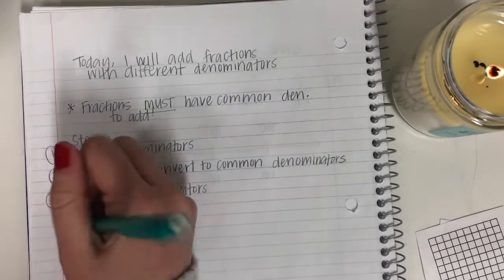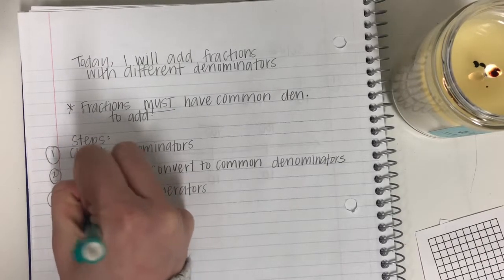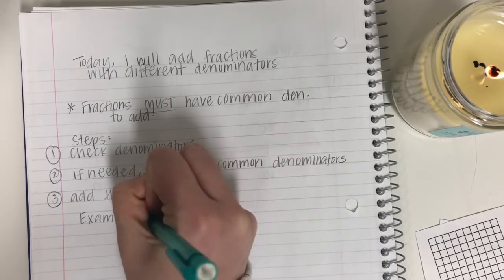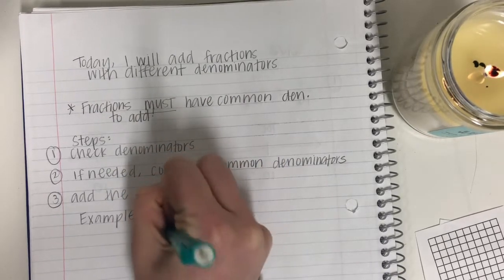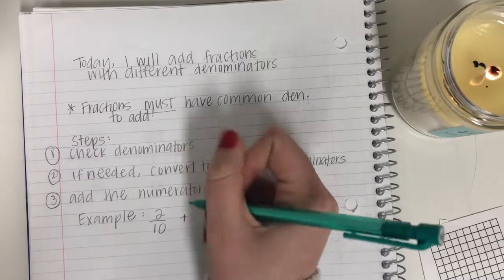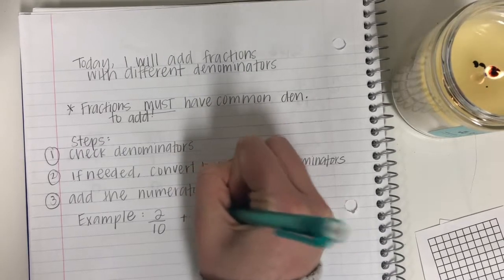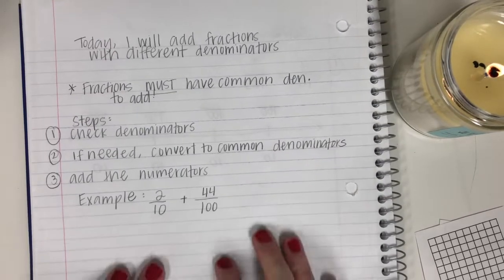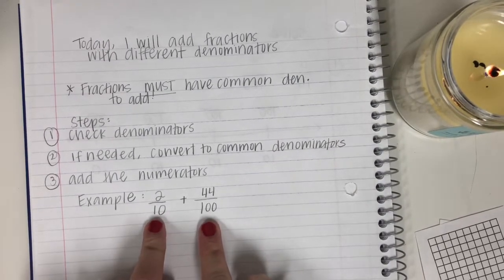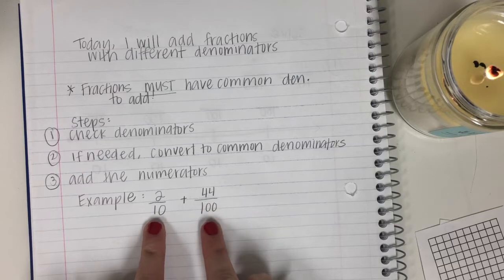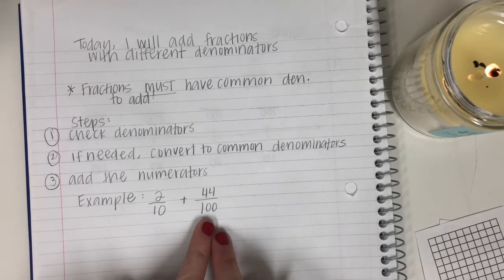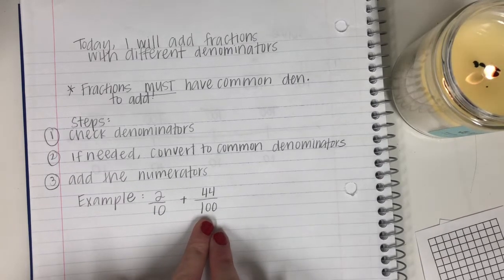Okay, let's take a look. So let's say we have two tenths plus 44 hundredths. Okay, we're gonna first check the denominators. Are these the same numbers? No. So now I have to convert one to the other. Now it's always best to convert higher. It's just easier that way.